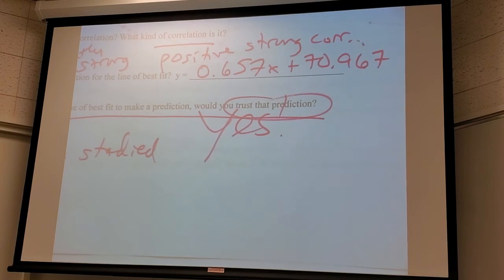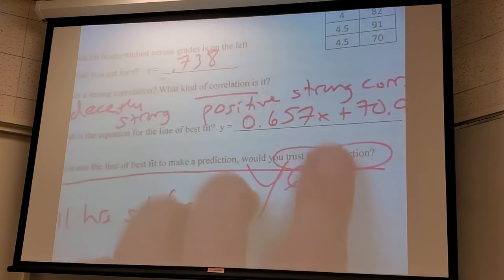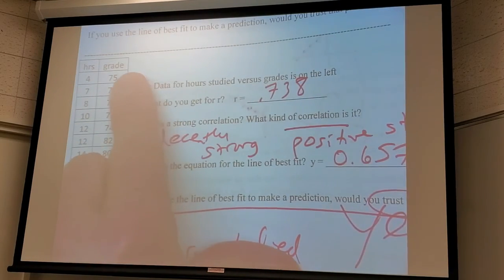What is the y variable? Physically, what is the x variable? Hours, right? In our XY table, x's are hours, grades are y. So if I have 11 hours of study, where do I put 11 into my equation? In the x. And then I'm going to get a y output, and y stands for grade.